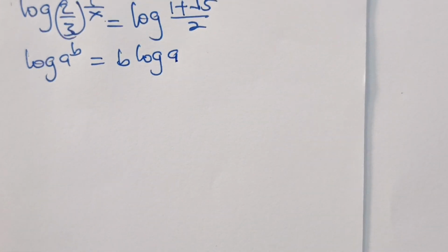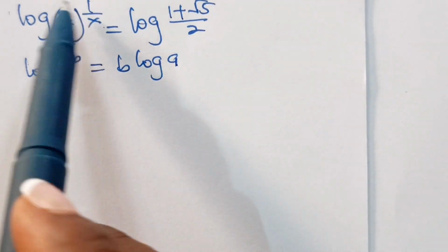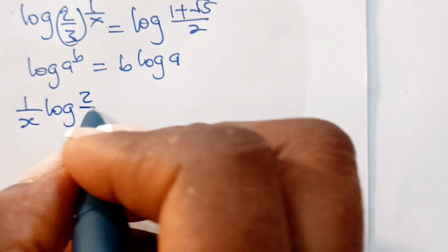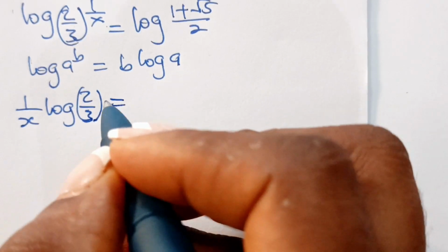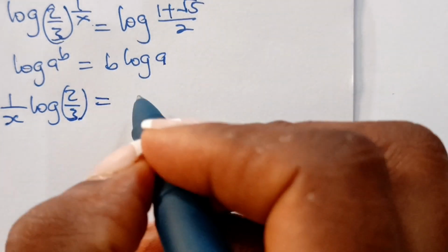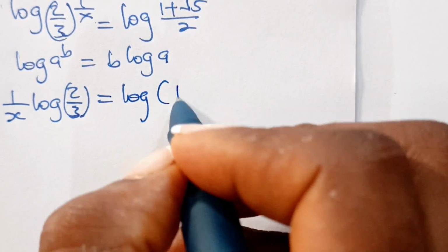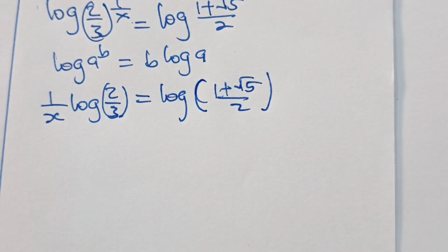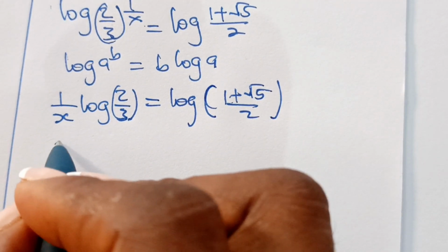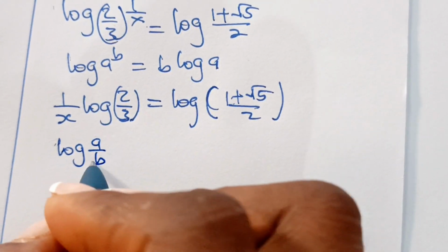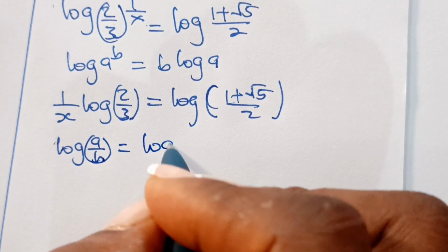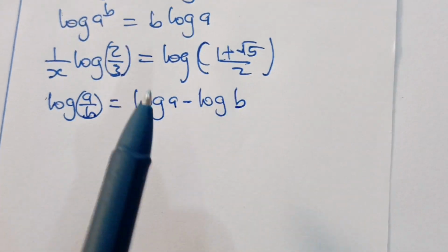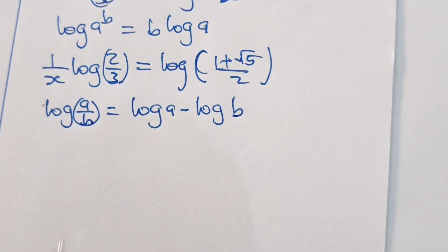So that means that we can write this as 1 over x multiplied by log 2 over 3, okay, is equal to log of (1 plus root 5) divided by 2. Okay, now note that when you have log a over b, that is actually equal to log a minus log b. Okay, but before that, let's get 1 over x.